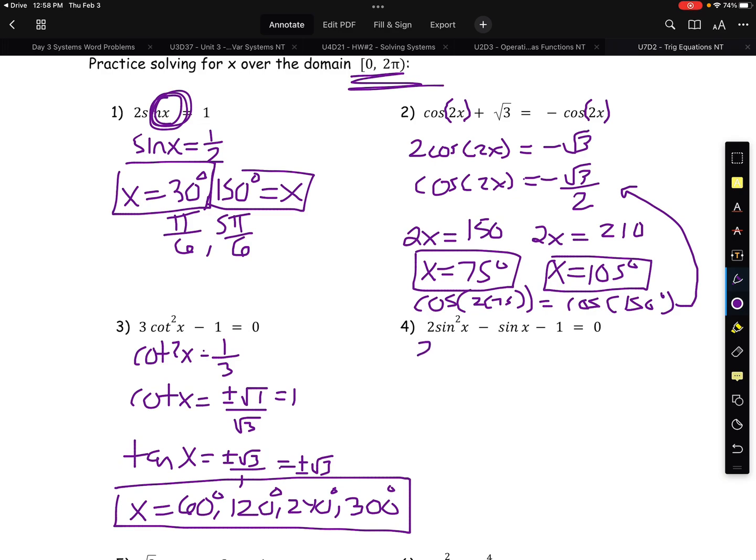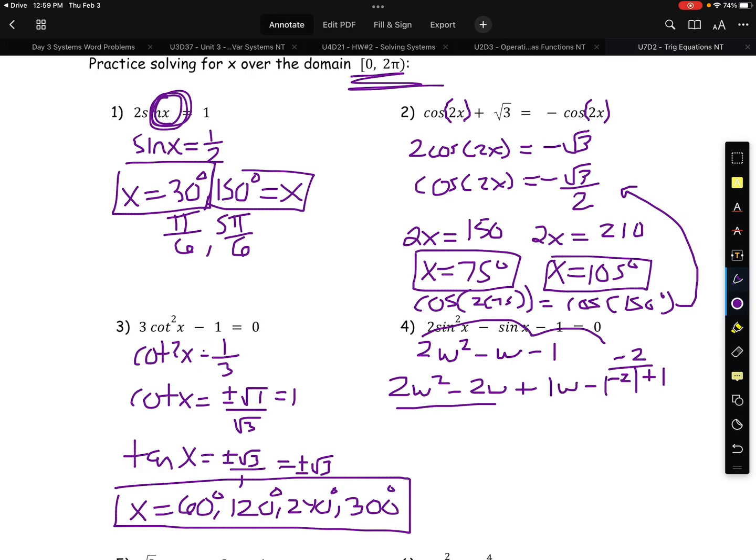All right, so what am I doing here? 2w squared minus w minus 1. Split the middle term. 2 times negative 1 is negative 2. What factors of negative 2 add to negative 1? Negative 2 and 1. 2w squared minus 2w plus 1w minus 1.